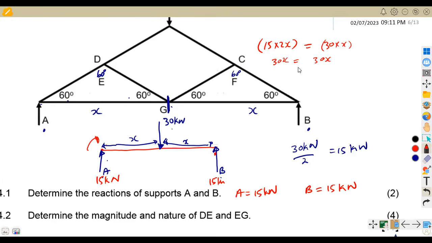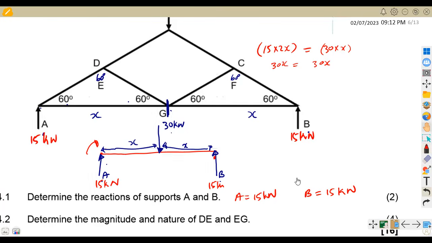It simply tells you that these two are the same in terms of the values. So that's why you simply have to divide. I hope you understand. If not, we shall try to have it in another way, in another video that can help us. All right, so that was it, guys. We have A and B in this case, so we can just substitute: this is 15 kilonewton and this is 15 kilonewton.